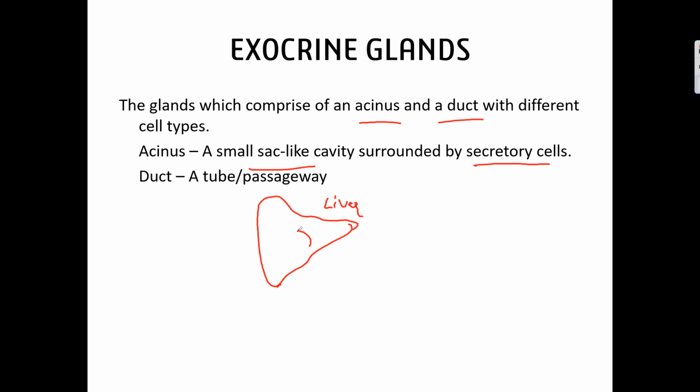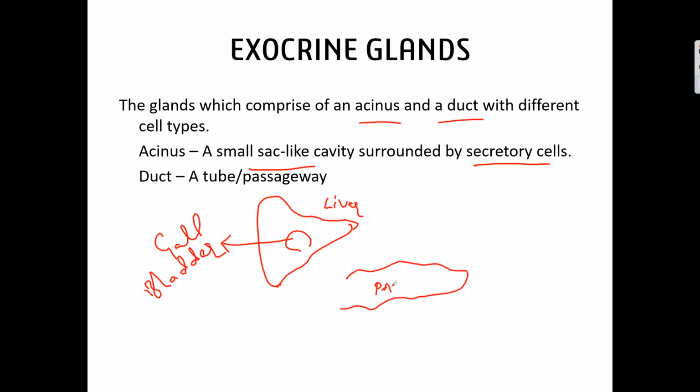This is stored in the gallbladder, and this is also associated with another organ, the pancreas. Together, the juice of the pancreas as well as the juice of the liver travel through a duct called the hepatopancreatic duct.